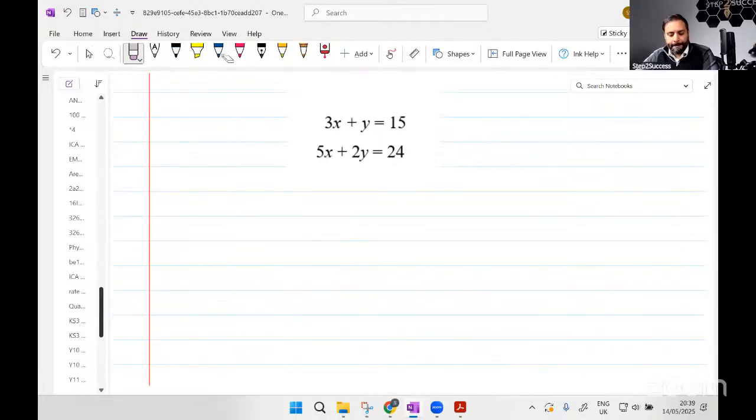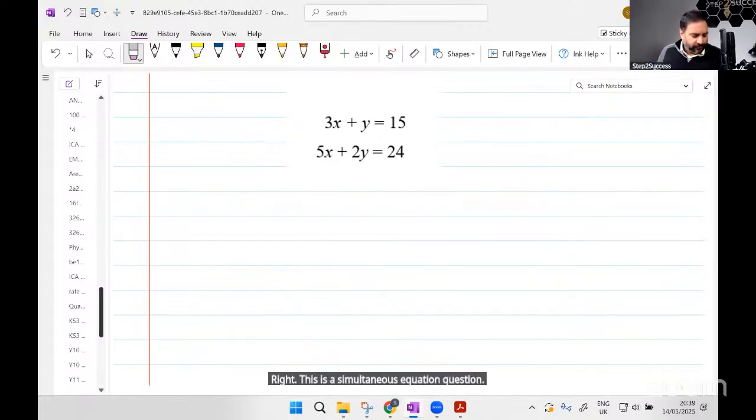Right. This is a simultaneous equation question. Oh, did you send a simultaneous equation question?